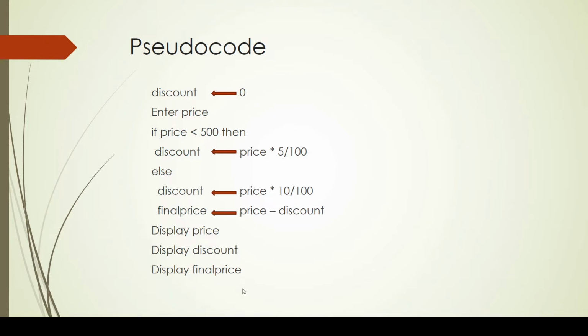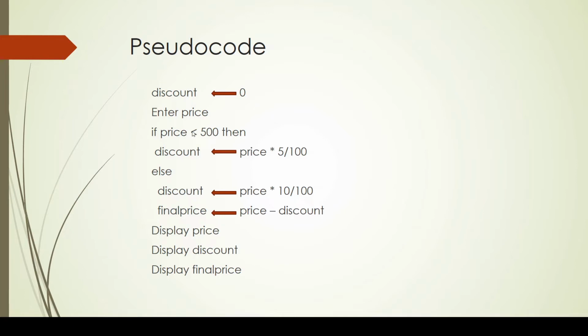So let's go over it one more time, the pseudocode and how it's going to work. So I've got discount, I initialized it to 0, I entered the price, I checked if the price is less than 500. If this condition is true, it calculates the 5% discount. And it goes into final price, display discount, and display final price.